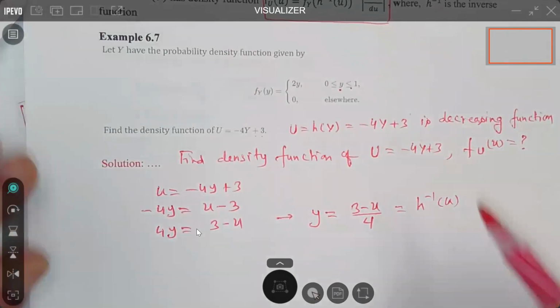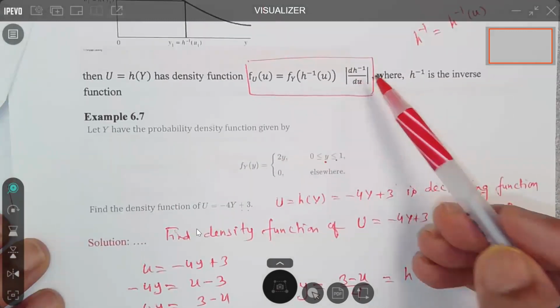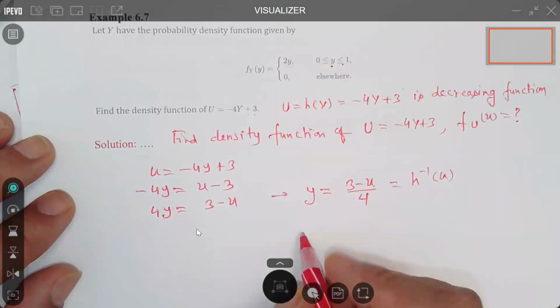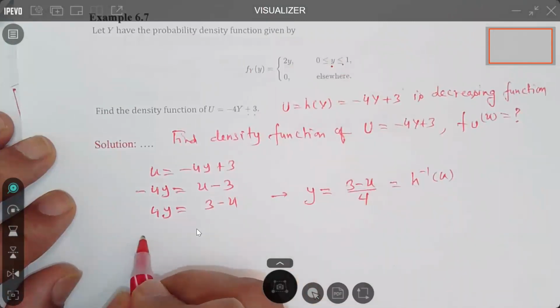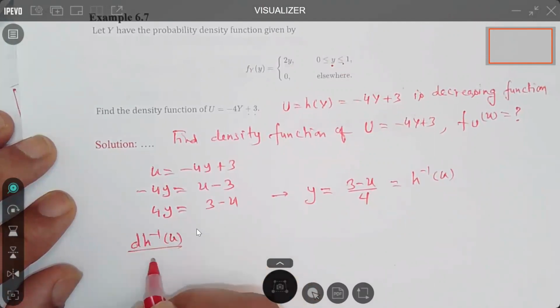Now you need a derivative here, right? So we will take the derivative of this function. So d H inverse u du equals the derivative of 3 minus u over 4.